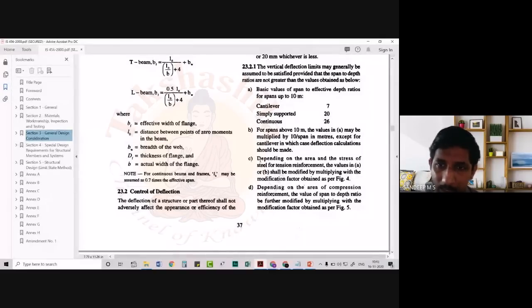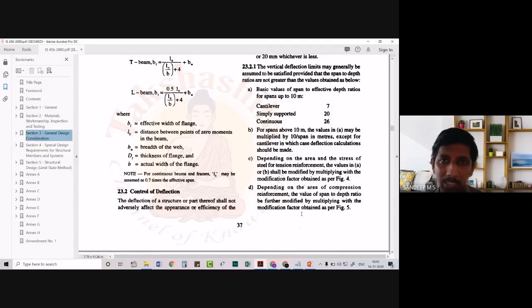Let's see clause C. Depending on the area and the stress of steel for tension reinforcement, the values in A or B, in the case of beams having length larger than 10 meters, shall be modified by multiplying with the modification factor obtained as per figure 4. Basically what they mention is that if you are providing more area than required.